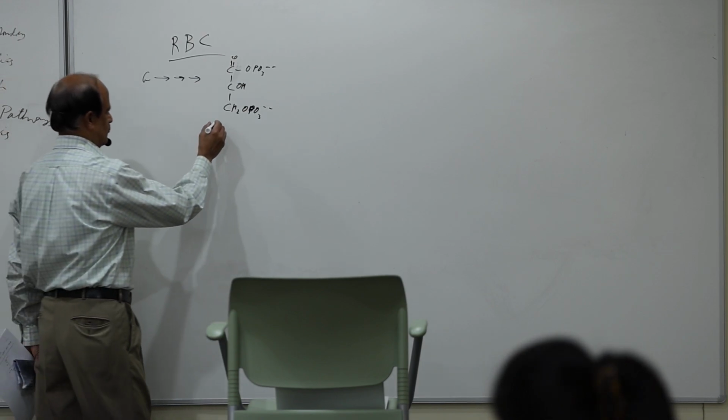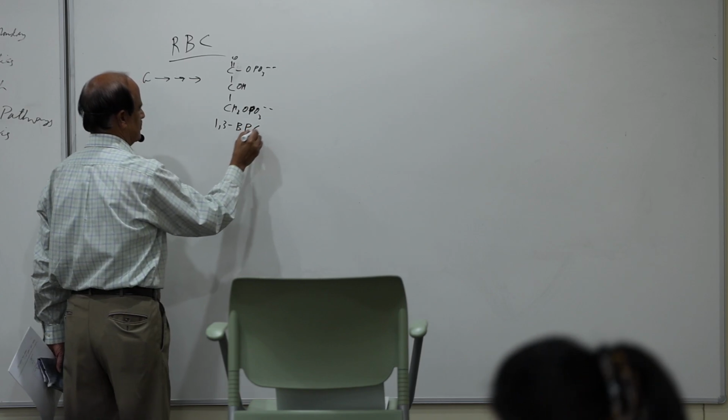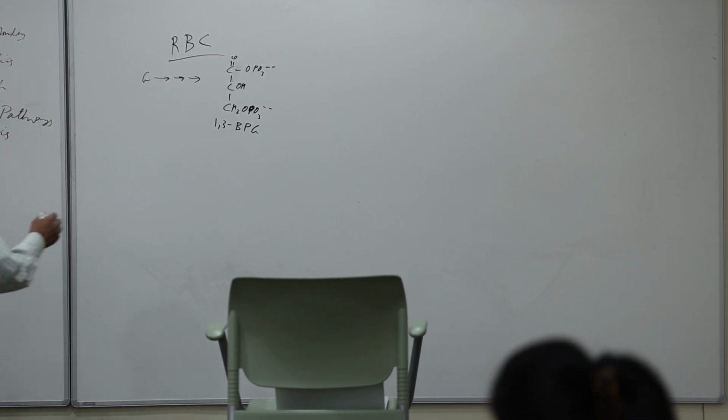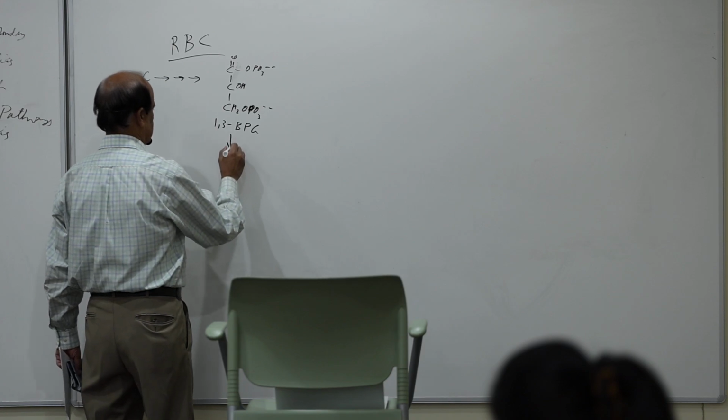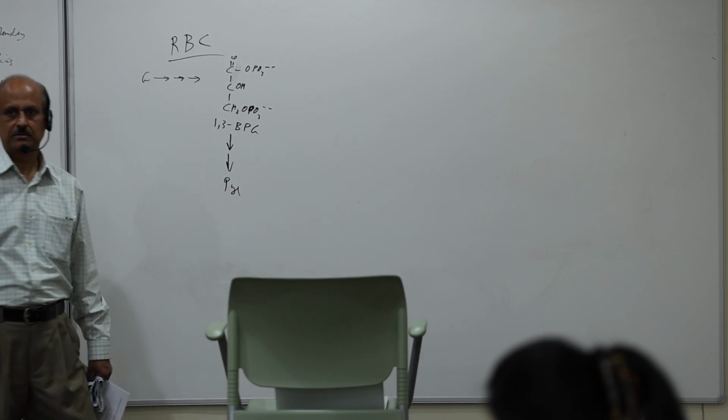All right, so this is 1,3-bisphosphoglycerate, which you can say is 1,3-BPG. And then it will, of course, give you the rest of the steps to pyruvate. So this is your glycolysis pathway.